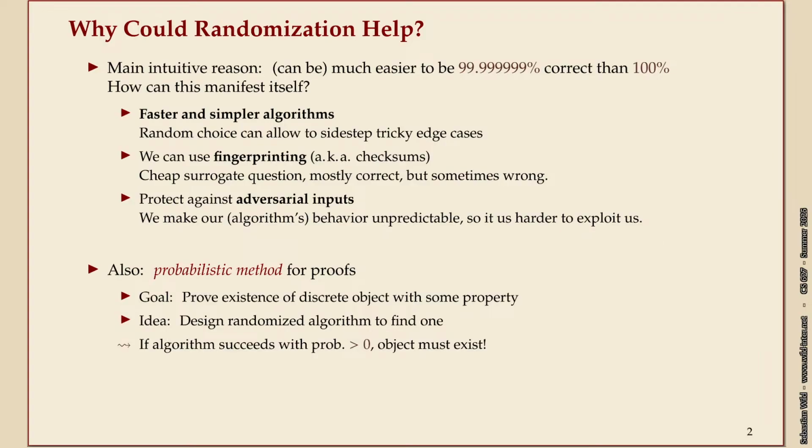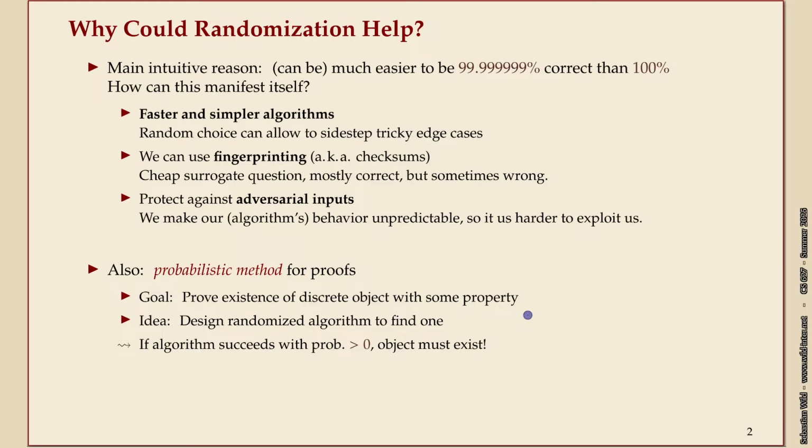There's another use case for randomization, which is also using randomized algorithms, but in a way has an entirely different goal of its own. And that's often called the probabilistic method. And this has virtually nothing to do with solving optimization problems and so on.